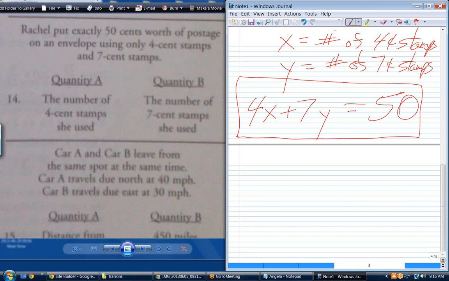But if I insist that x and y have to be integers, then I have a very finite number of solutions. x can be somewhere between 0 or 1 and 10. y can be somewhere between 1 and we can even put limits on it.